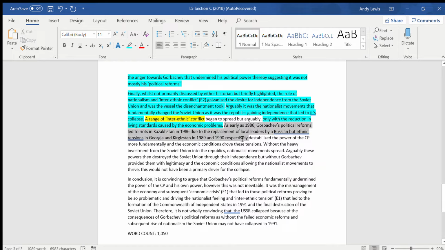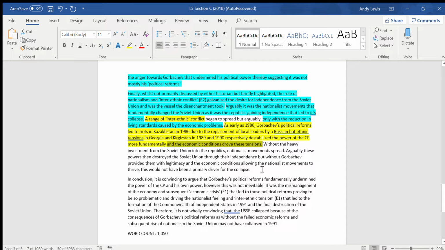As early as 1986, Gorbachev's political reforms led to riots in Kazakhstan in 1986 due to the replacement of local leaders by a Russian, but ethnic tensions in Georgia and Kyrgyzstan in 1989 and 90 respectively destabilised the power of the communists more fundamentally, and the economic conditions drove these tensions. So we've really got a mixture of evaluation in there, because then they're coming back to their overall argument, which was that it was economic tensions.